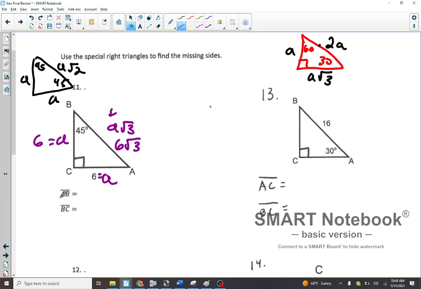Once I fill that in, AB, which is this line here, is 6 root 2, and BC is just this A value, which is just 6. This is solved.